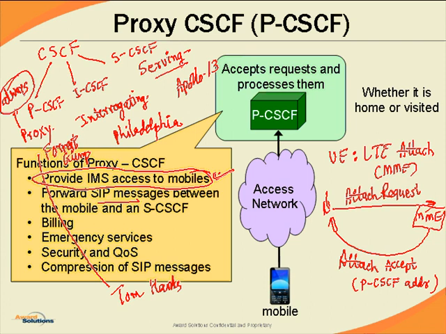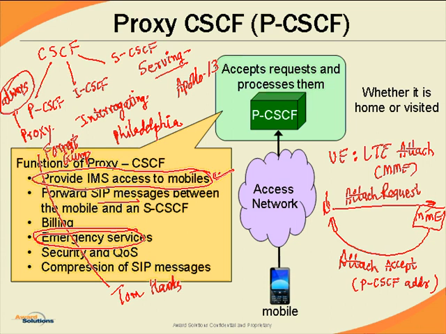When someone makes a 911 call using IMS using LTE, then the proxy will know that this is an emergency message. Let me forward that to a suitable network element, some kind of emergency call session control function that will interface with the public safety answering point.